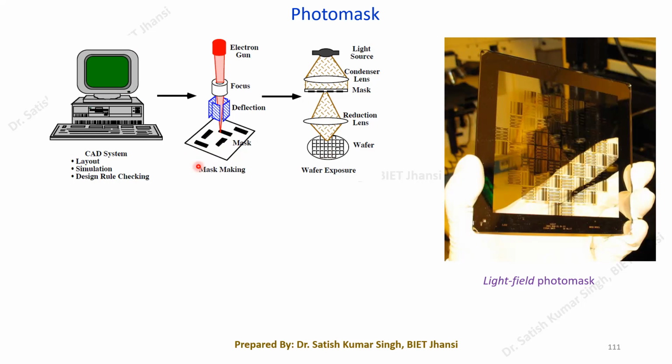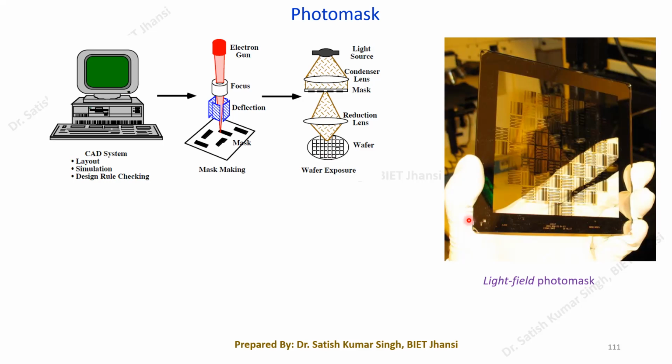This picture is one of the photo mask, a light field photo mask. First, we need to understand the different materials we have to take for making the photo mask, the various steps, and how it will be fabricated.